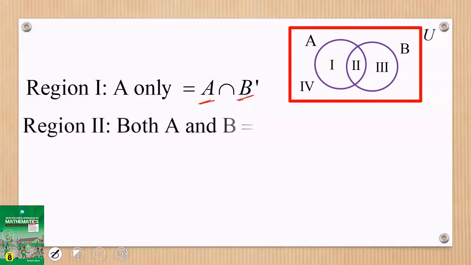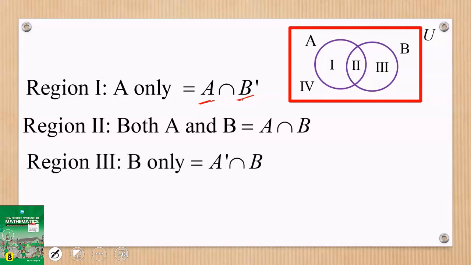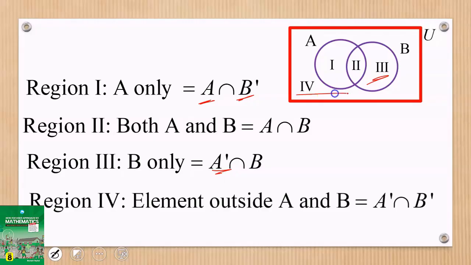And then all elements that fall in region 2 are in both A and B. We call it A intersection B. Then region 3 tells us B only, which means the element is only in B. It is not in A, so we call it A complement intersection B. Then the final region, region 4, which is outside the 2 circles but inside the rectangle, is neither A nor B, or elements outside A and B. We call it A complement intersection B complement, meaning not in A and not in B. Right, so these are the regions we are going to work with.